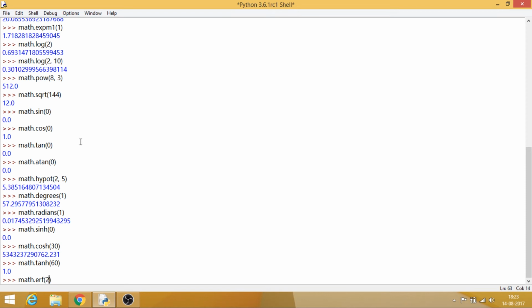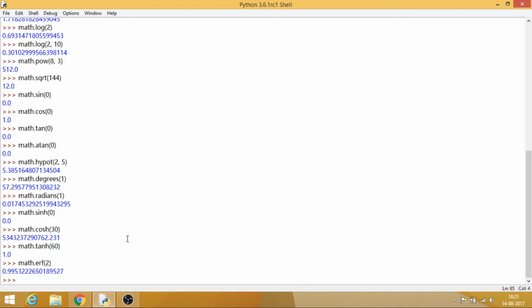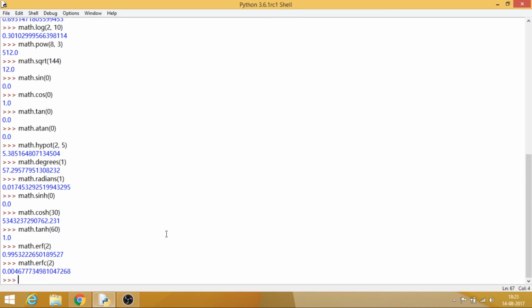So let's compute for 2, and this is the error function. In the same way we have math.erfc. What this c represents is the complementary error function.